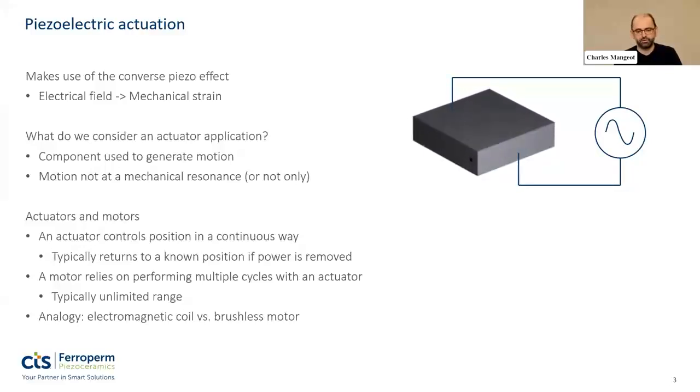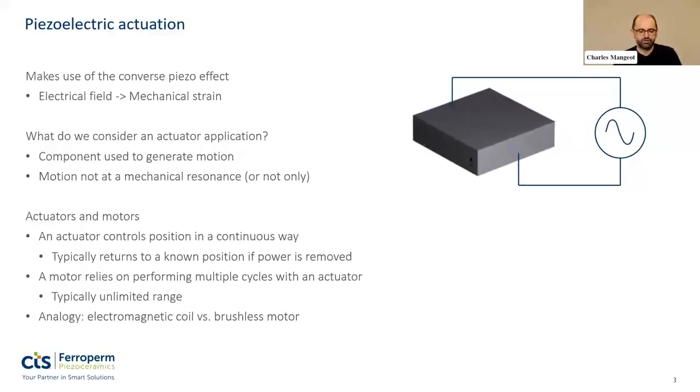So when we talk about actuators at CTS, we are considering components that generate motion. This is motion that is not at a mechanical resonance, or not only. It's motion over maybe a wide frequency range, but it's a controllable motion. It's not just a vibration like you would generate, for example, with a transducer.